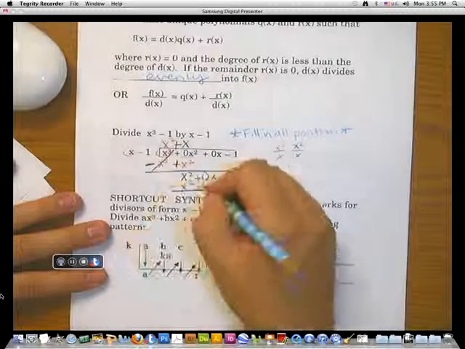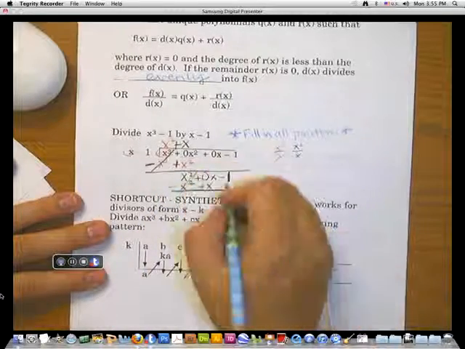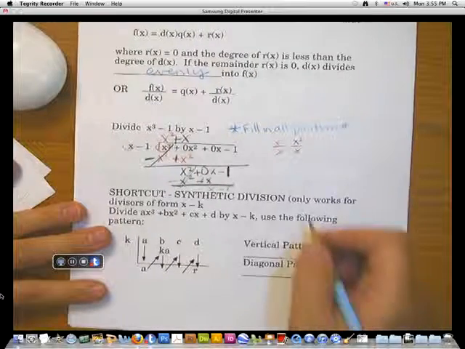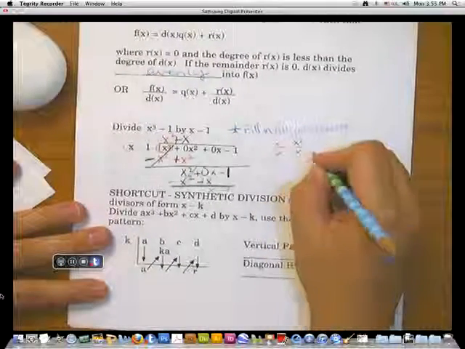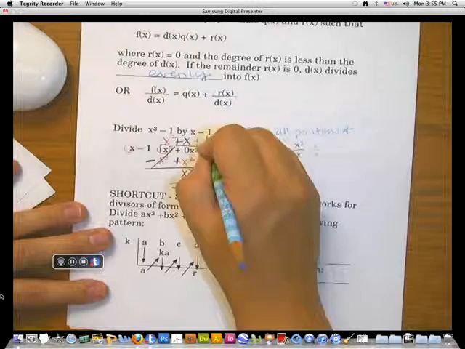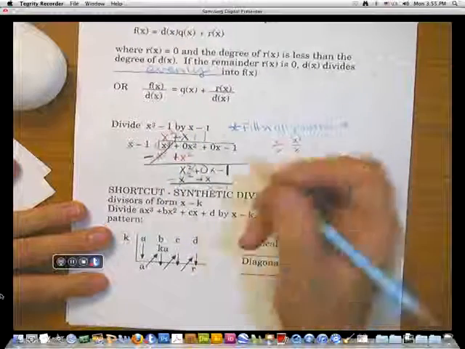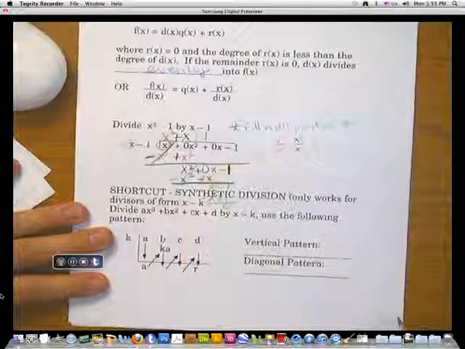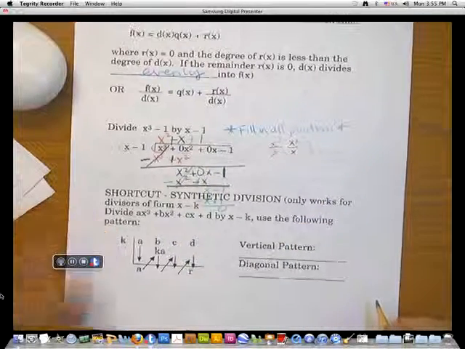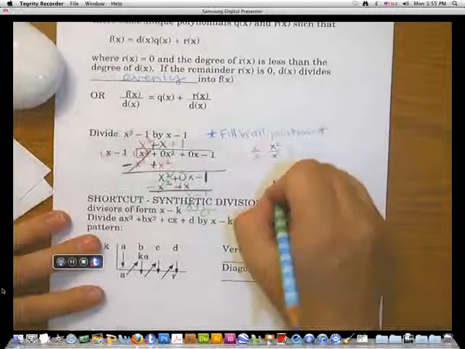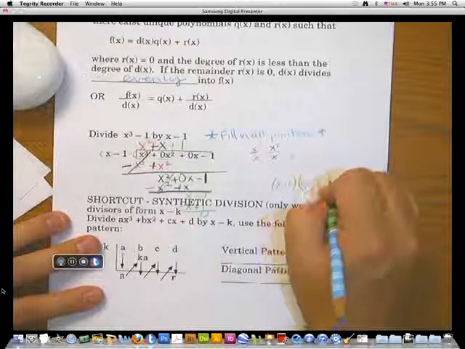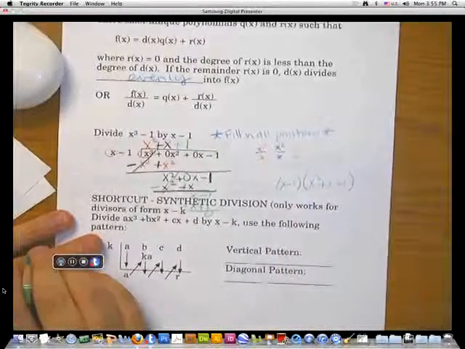Switch our signs. First one goes away. We get x minus 1. How many x's go into x? 1. Multiply around. Switch our signs. We get a remainder of 0. So again, x minus 1 is a factor, and so is x squared plus x plus 1.